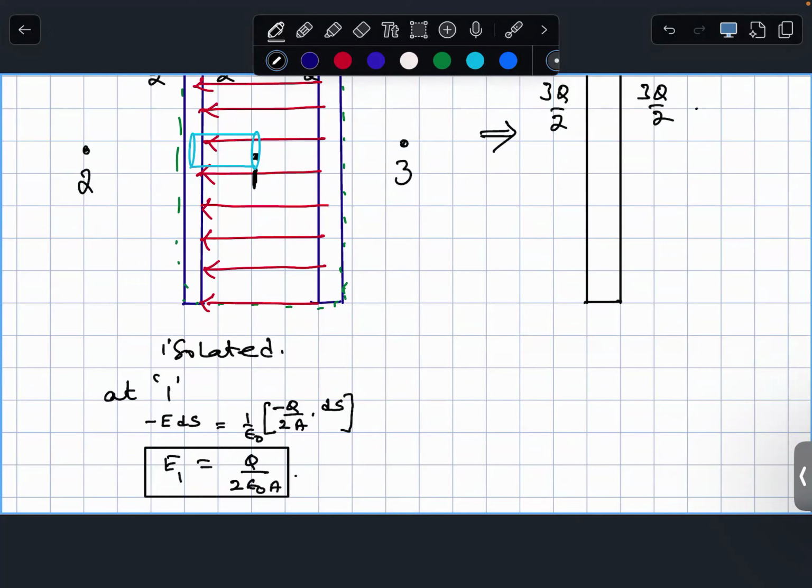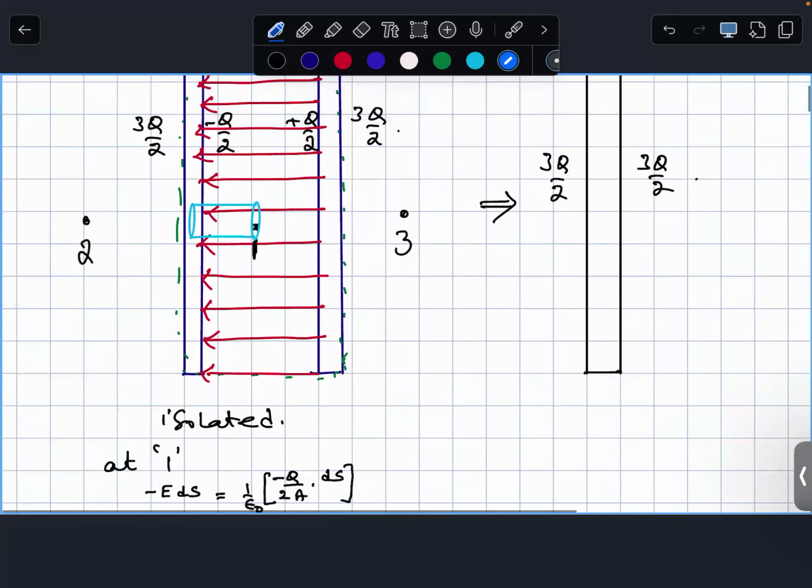Any doubt in this part till now? Sure? Right. Clear. Okay, next. I want the field at 2. Simple.